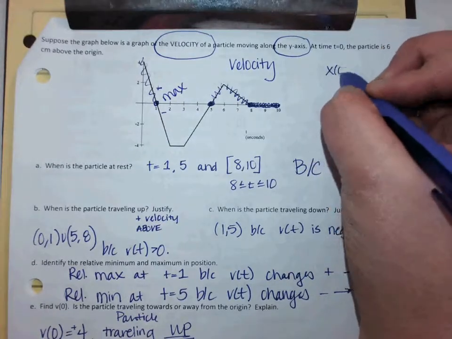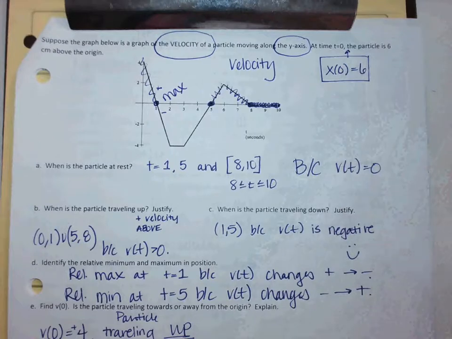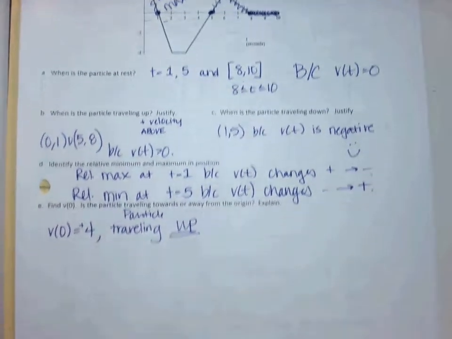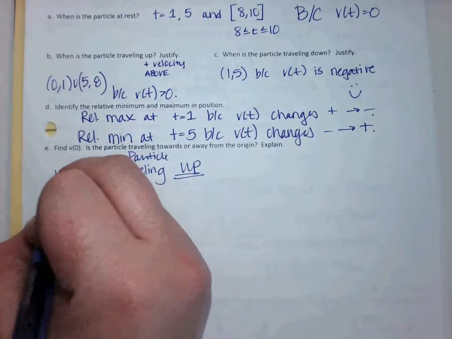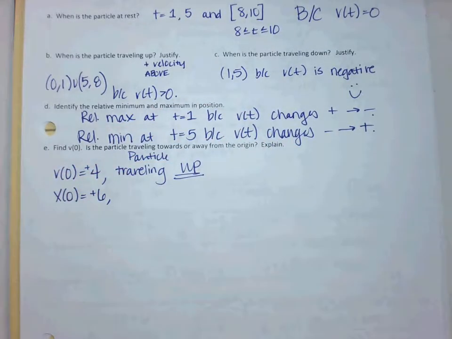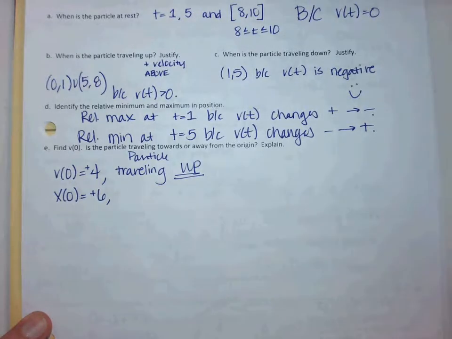So x of 0 is 6. Let's add that to our analysis. If my position is 6, which side am I starting on? Above or below are your choices.